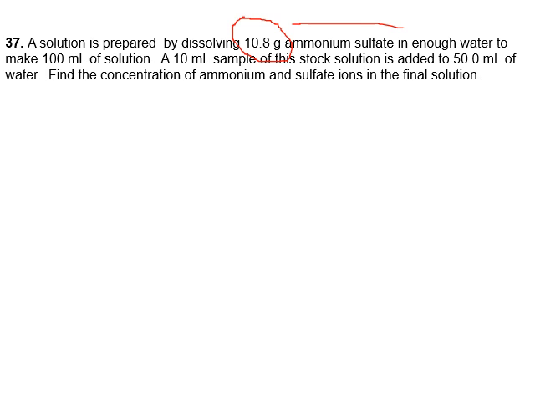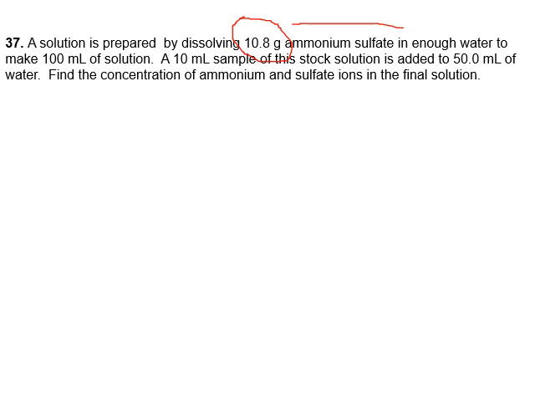So just add this. It's going to be (NH4)2, so it'd be 2 times 14 for the N and so forth. So add all of that together, divide 10.8 by that, and that will give you the number of moles that you have to start with of the ammonium sulfate.